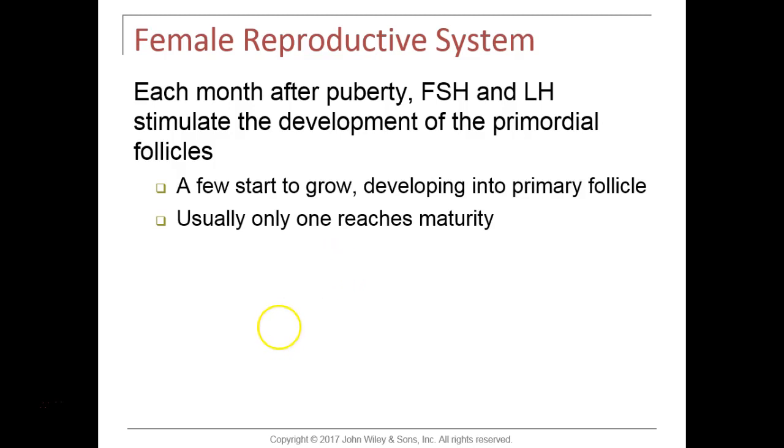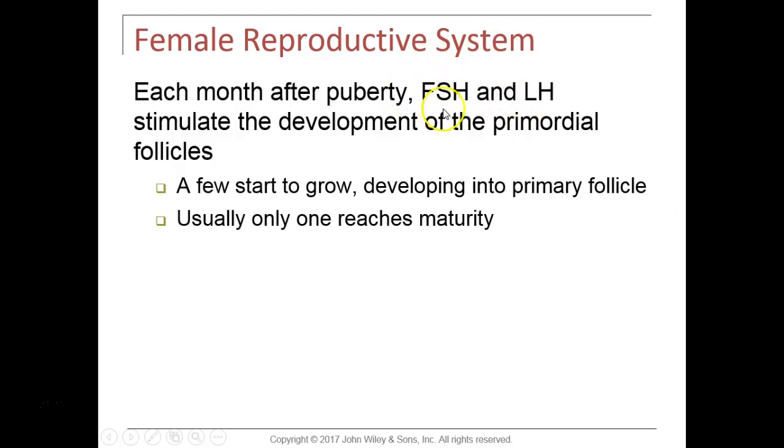So the female reproductive cycle involves various hormones, and the cycle begins at puberty. So around the time of puberty and once a month thereafter, there is a cyclical increase and decrease in several hormones, which include follicle stimulating hormone and luteinizing hormone.